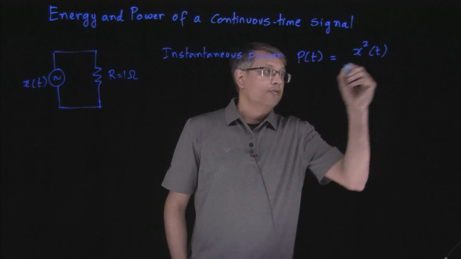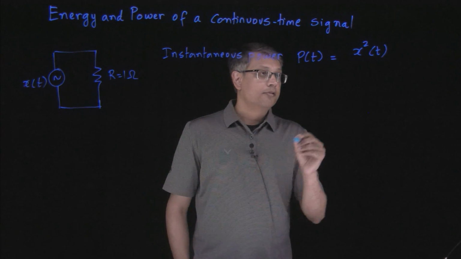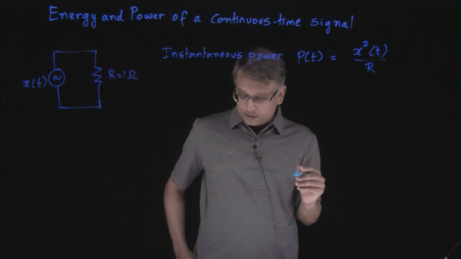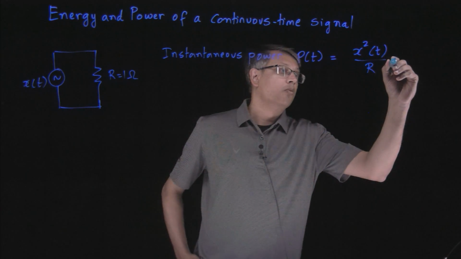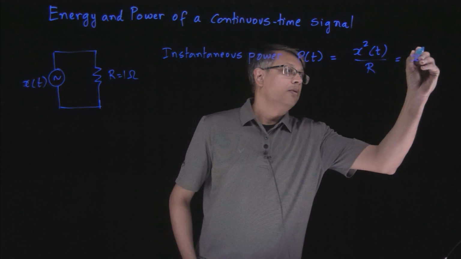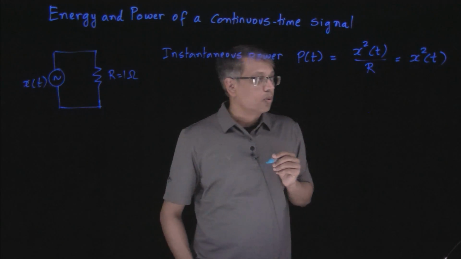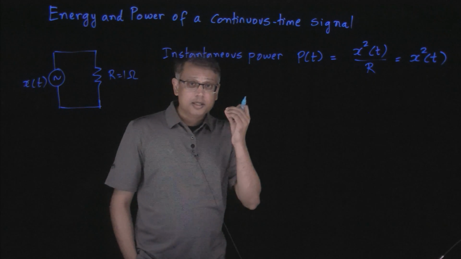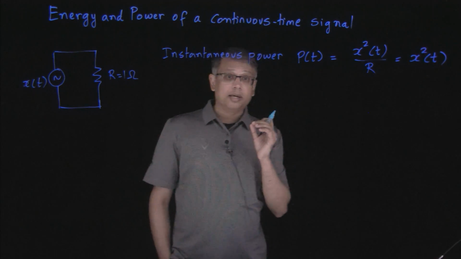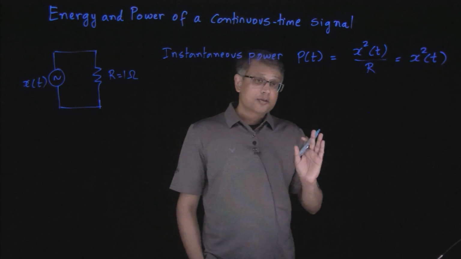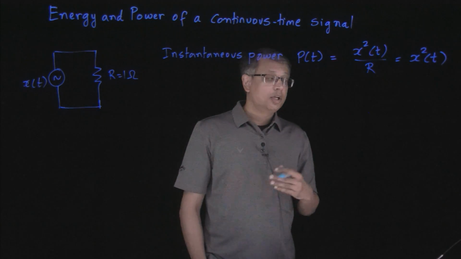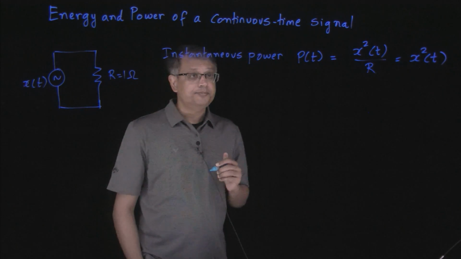So the square of the voltage is x squared of t divided by the resistance. Of course, in this example, the resistance is just 1 ohm. So this turns out to be equal to x squared of t. So x squared of t is the power that is dissipated at time t, and since x of t is changing with time, the instantaneous power is changing as a function of t.